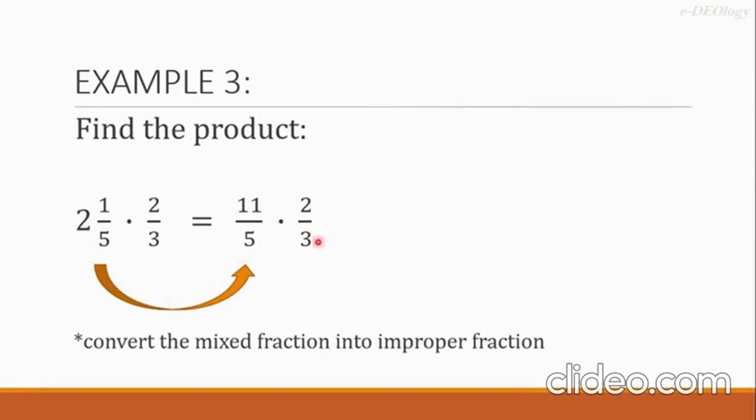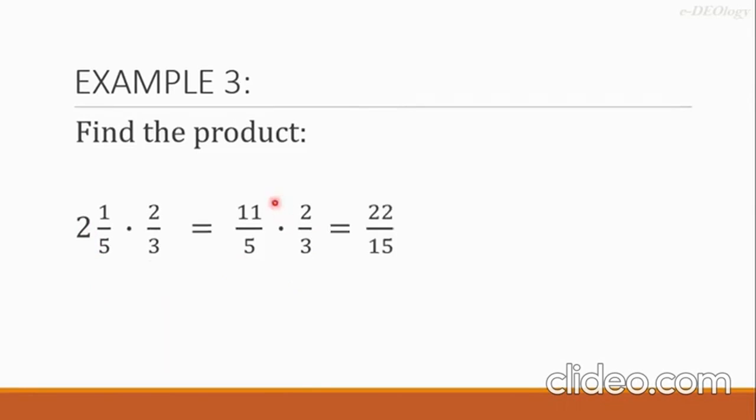Then we copy the 2/3. Then we proceed to our multiplication. 11 times 2 is 22. 5 times 3 equals 15. Or we can put this into a mixed number, and this is equal to 1 and 7/15.